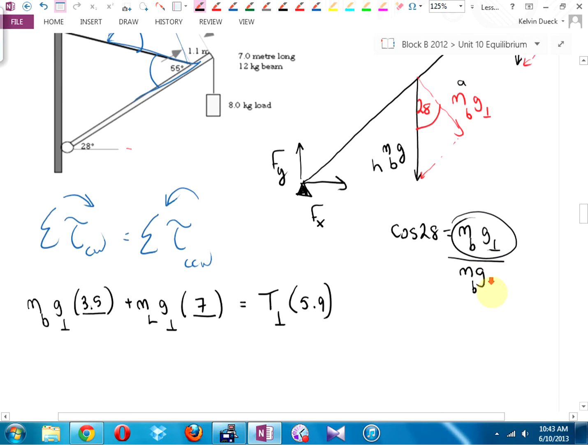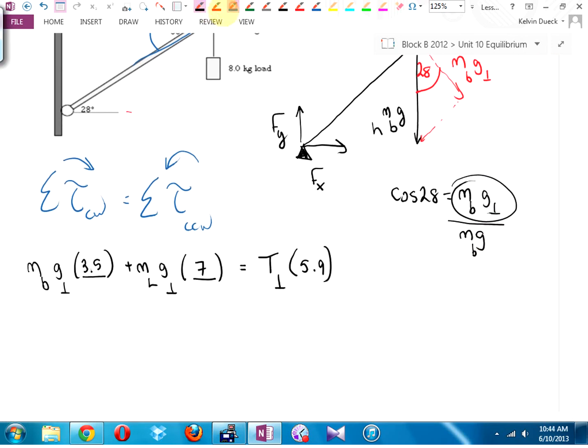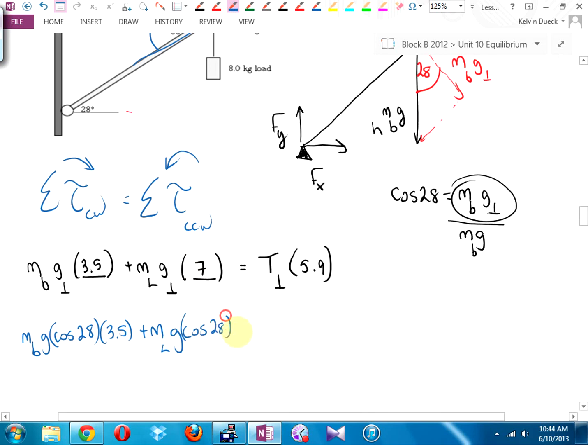Okay, so if I hear you correctly, Shashan, what you're saying is over in this equation, instead of that perpendicular, I can go mass beam g cos. Don't forget to drop down the distance. Plus mass load g cos. Don't forget to include the angle, Mr. Dueck. Don't forget to drop down the distance.